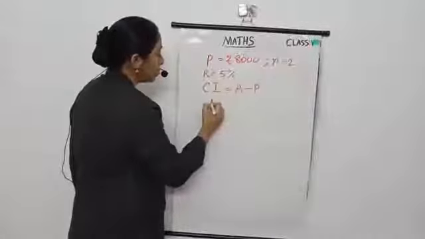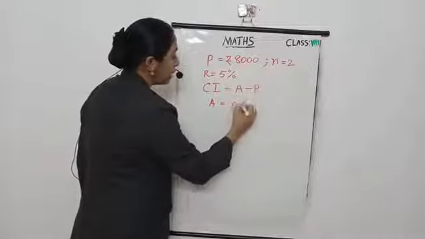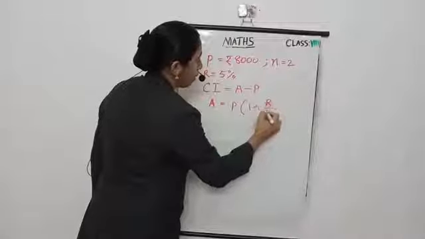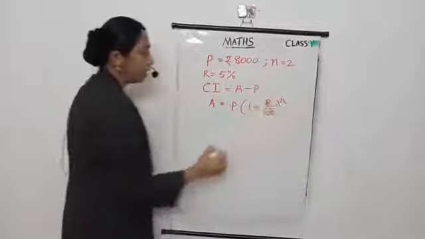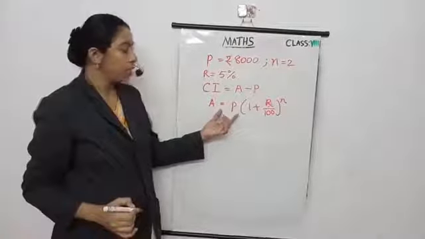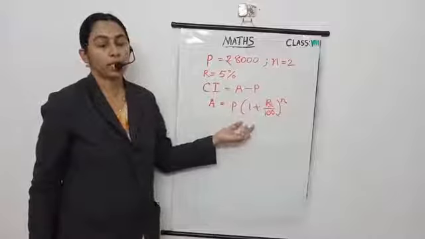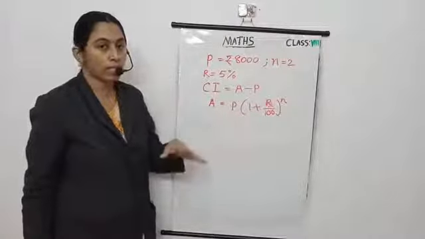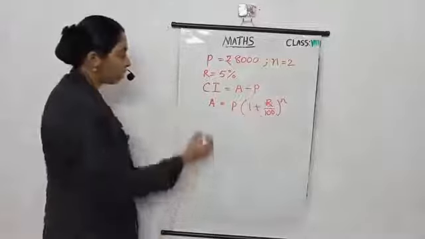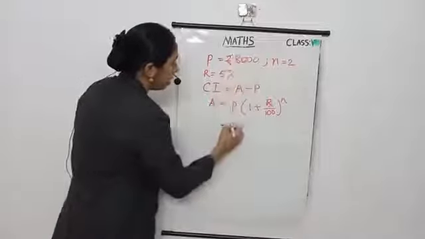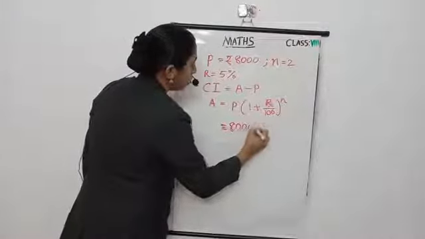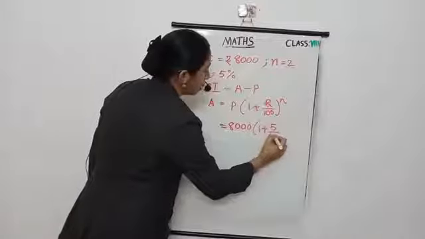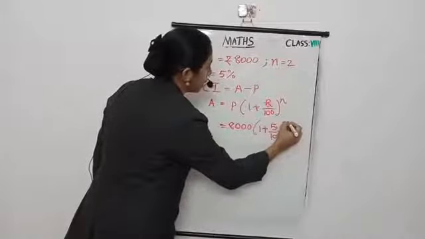So first we need to calculate the amount: P into 1 plus R by 100 all raised to N. This formula is for annual calculation. In the question they asked annually, so we use this formula. Now substitute P 8,000 into 1 plus rate 5 by 100 all raised to 2.